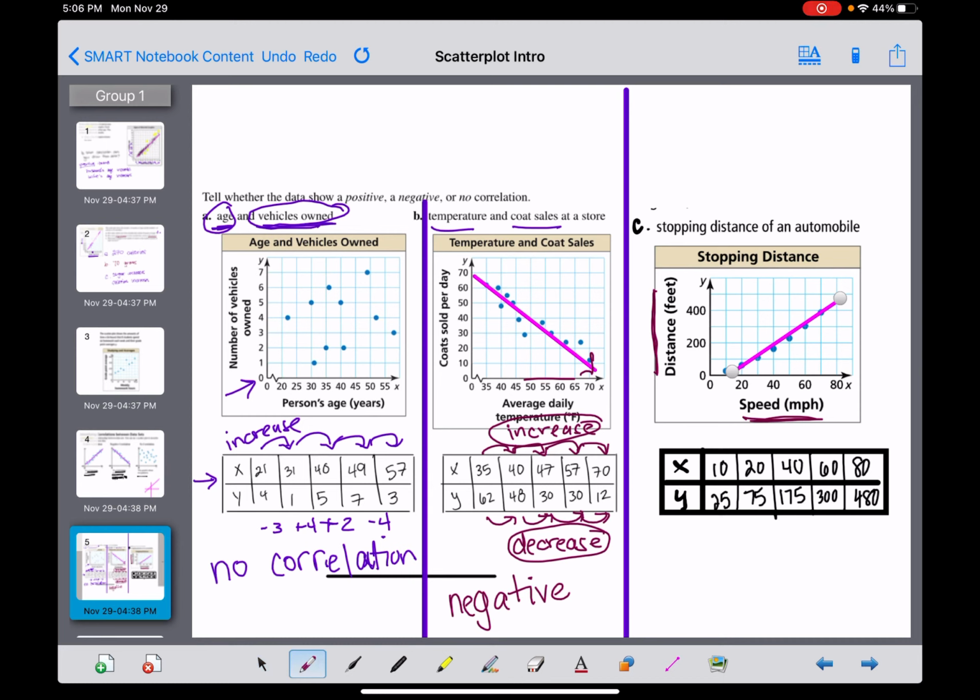As I compare the x values to my y's, my x's are increasing. If I look at the trend of my y values, they're also increasing. So they're moving in the same direction. For both of these reasons, we have a positive correlation, which makes sense.